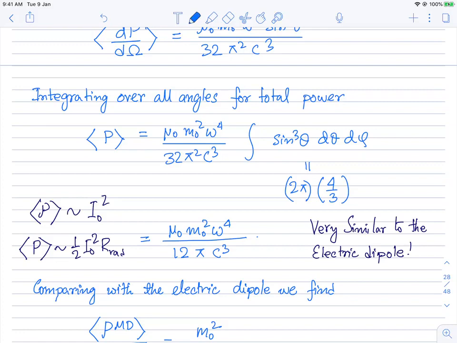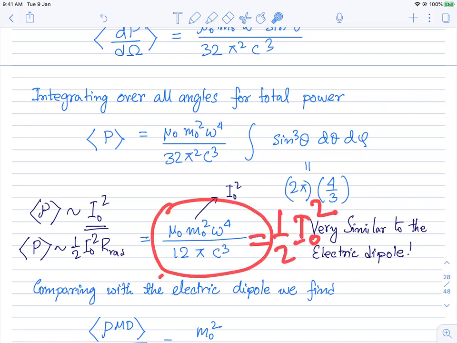But here I will make one small comment, because something was asked in class. You see, this m actually goes as I naught square, right? Because this goes as I naught square, therefore this total power goes as I naught square. So you can take this power, whatever you have computed, and say that it is equal to half I naught square times R radiation.